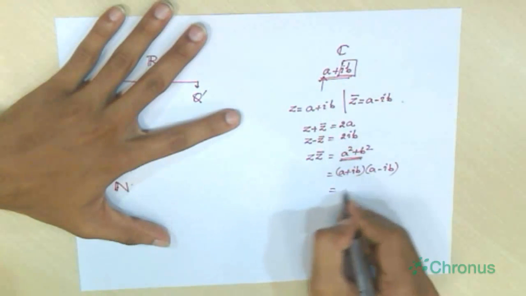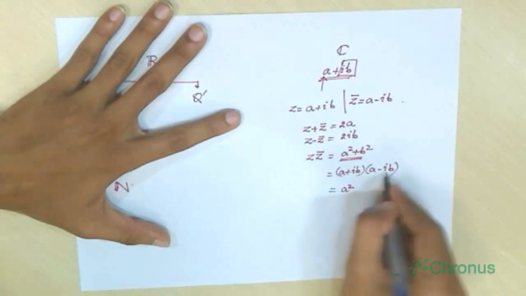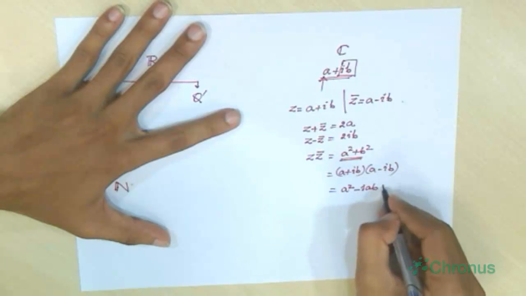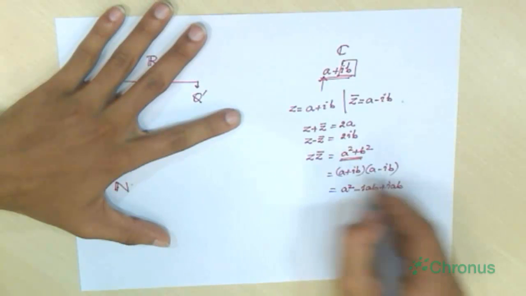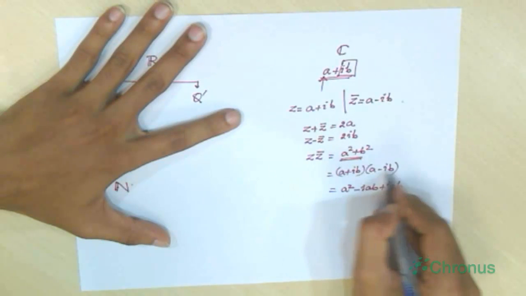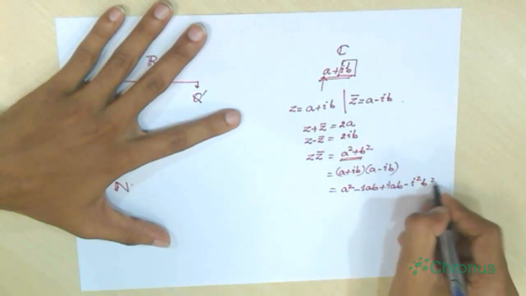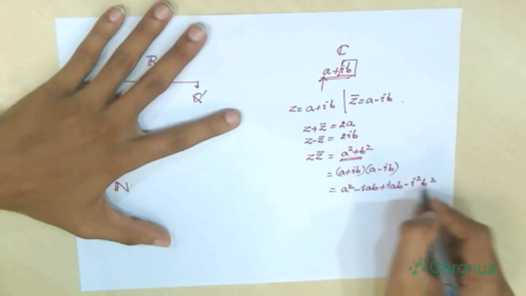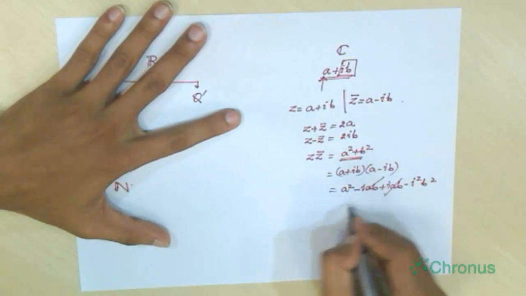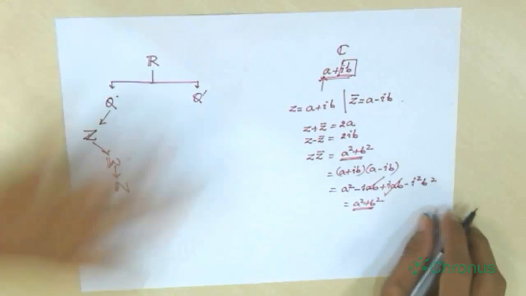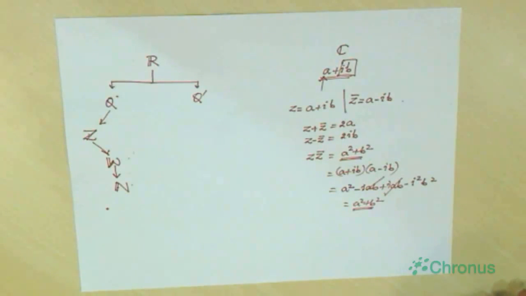We expand, we get a square minus iab plus iab, and ib into minus ib, so minus i square b square. i square is nothing but minus 1, minus turns out to be plus 1, and these two get cancelled, so it's a square plus b square, which is a purely real number.